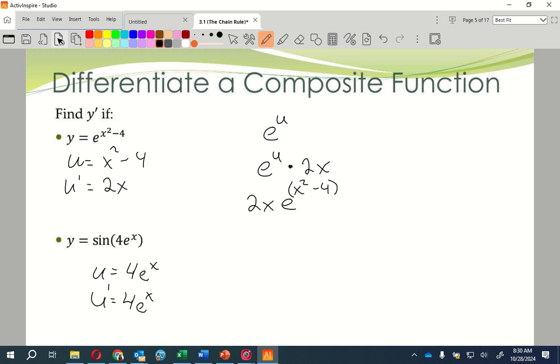All right, so if I rewrite this, I'm going to get sine of u. Derivative of sine, so I get cosine of u, and then we'll sub it back, times u prime, 4 e to the x.